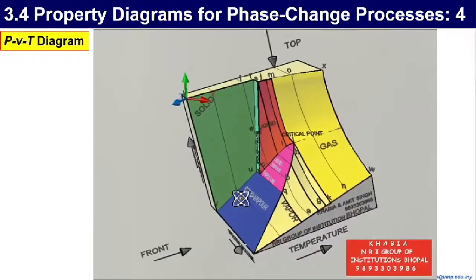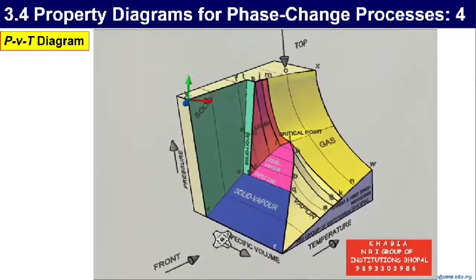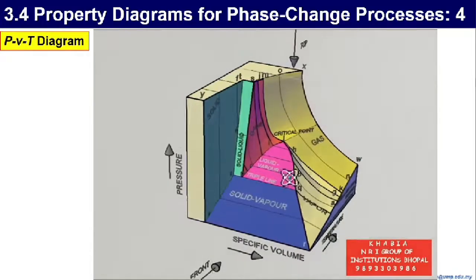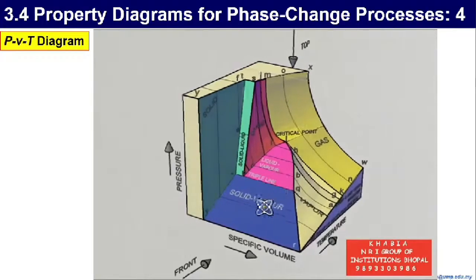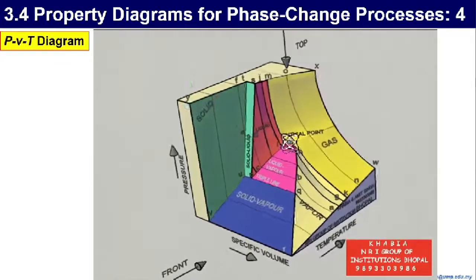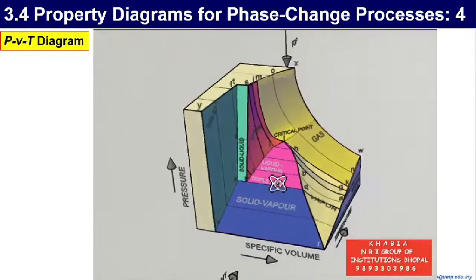It is clear from 3D model that pressure, specific volume and temperature are plotted on three mutually perpendicular axes. This whole is the PVT surface of the pure substance that contracts on freezing.